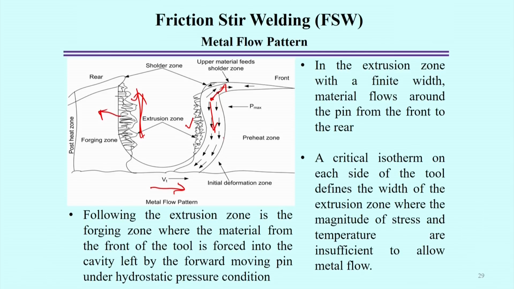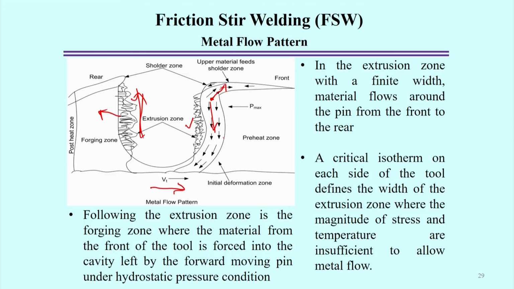So, that magnitude is very small, but if you go beyond that, there is a forging zone. Of course, away from the extrusion zone, the size of this zone is decided by the critical isotherm, and basically the flow stress condition, or maybe the magnitude of the stress and temperature, that actually defines whether metal flow occurs or not.